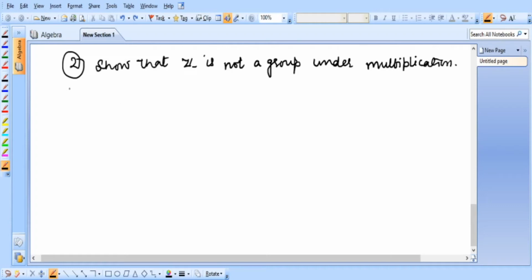Okay, now solution. This set doesn't form a group under multiplication. So let us see. We are given Z, the set of integers, as our set here, and the operation is multiplication.